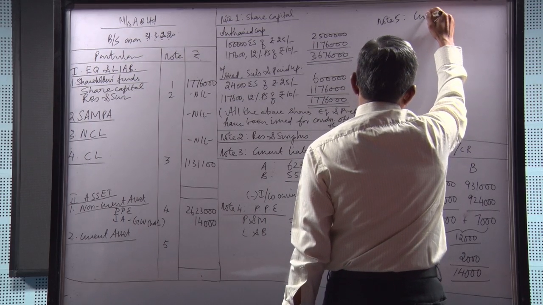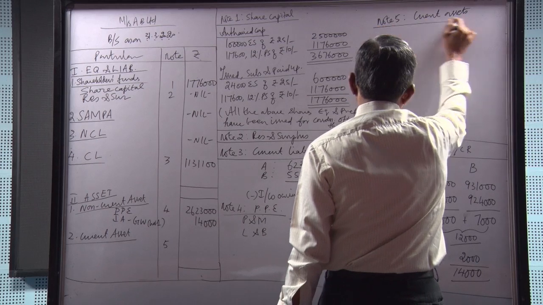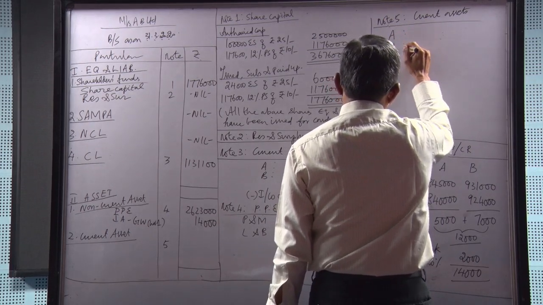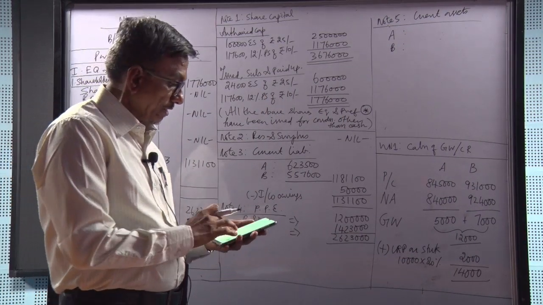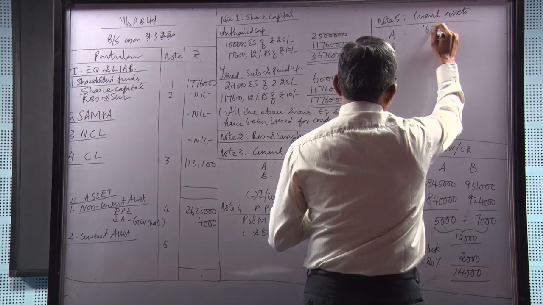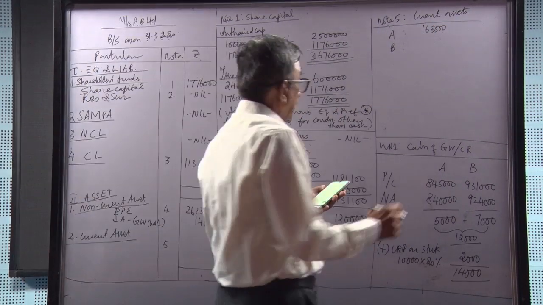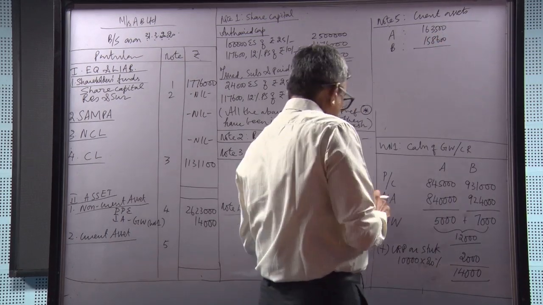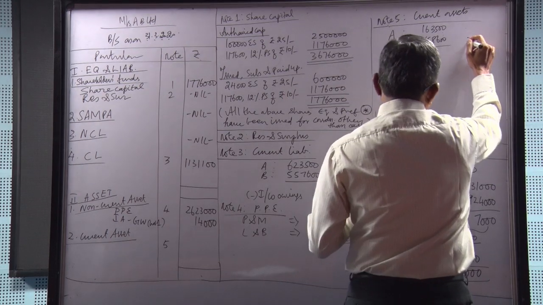Current asset of A 163,500, B 158,600, and that will be the total current asset. So 322,100.